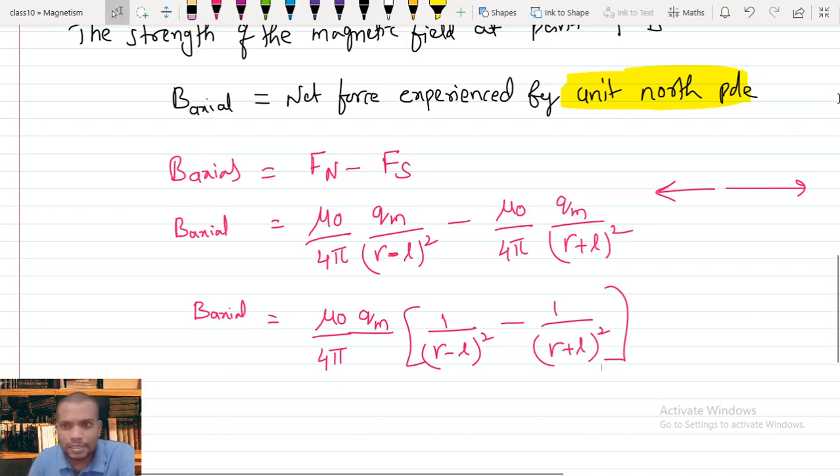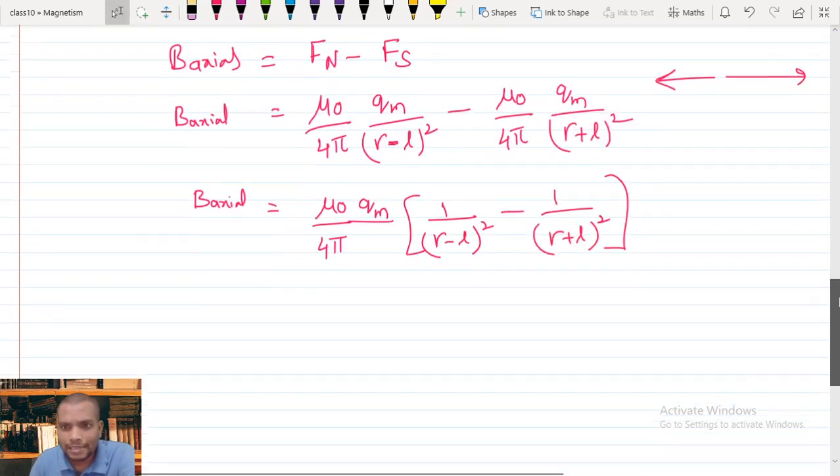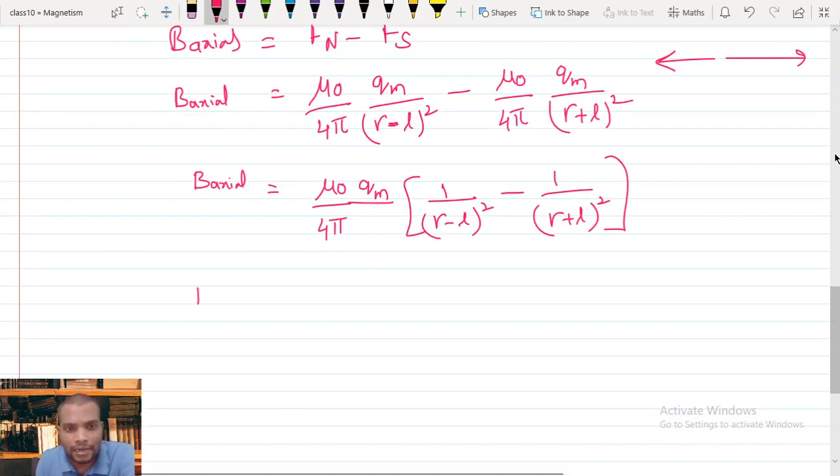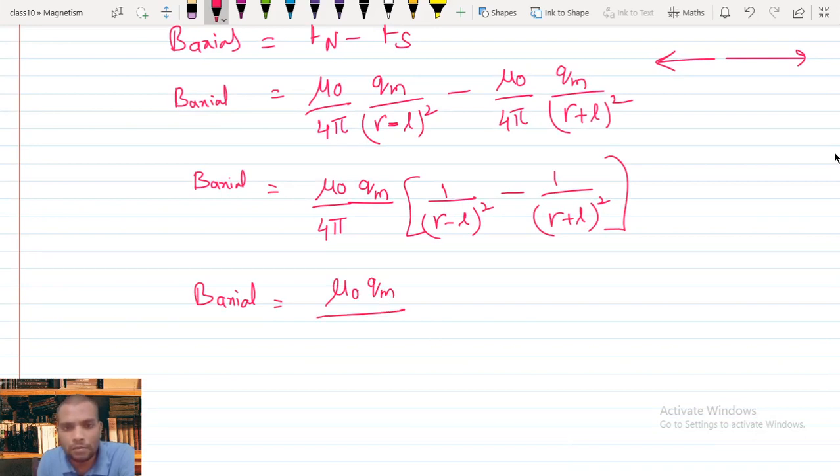Here we can do the LCM, and I am leaving that exercise to you. I will directly write the final expression: magnetic field due to axial equals mu naught Qm upon 4 pi times 4RL upon R square minus L square whole square.